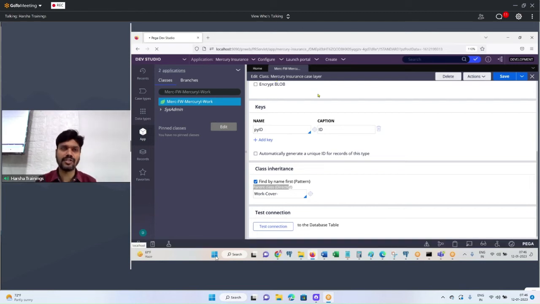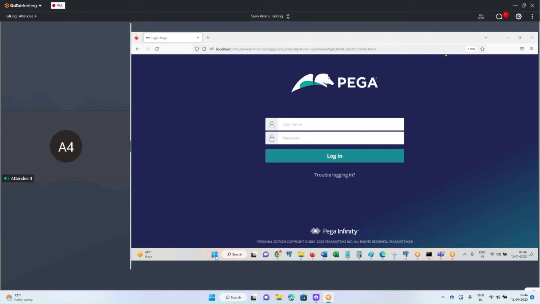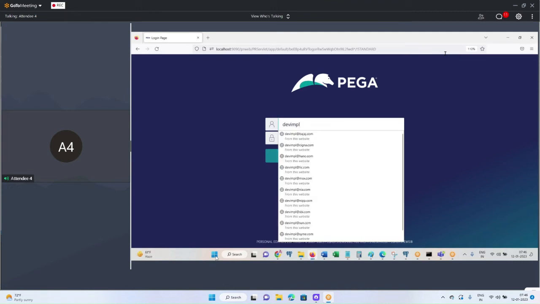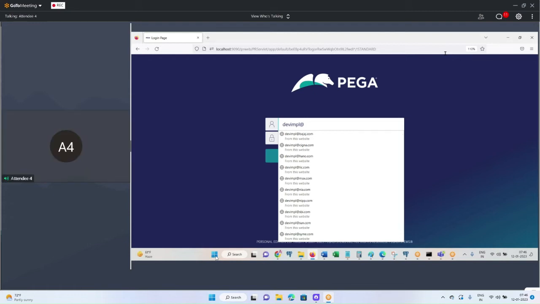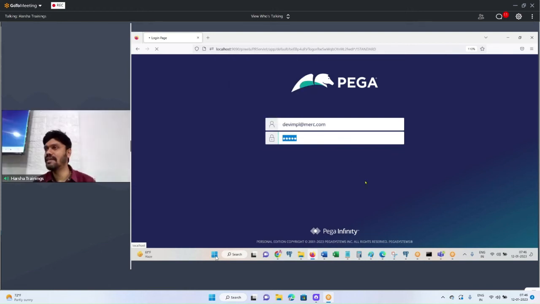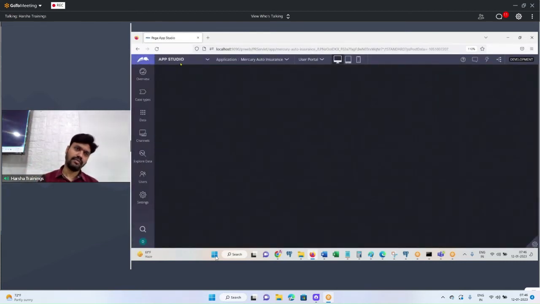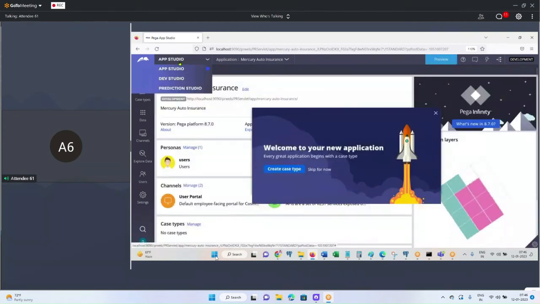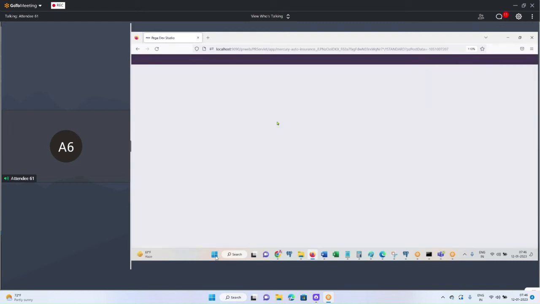Go to the implementation application. So both work dash and work dash cover dash are the out of the box classes. Work dash is an out of the box class, right? Similarly, work dash cover dash is an out of the box class, a child of work dash. So direct inheritance for a transaction class always should be out of the box and it should be work dash, right?